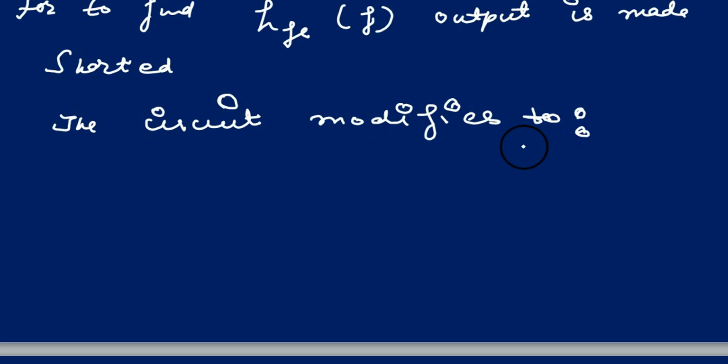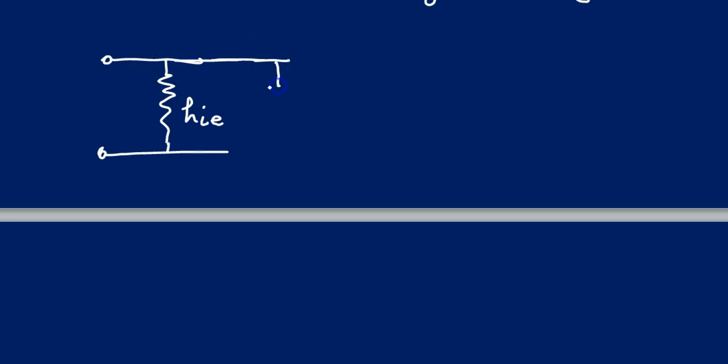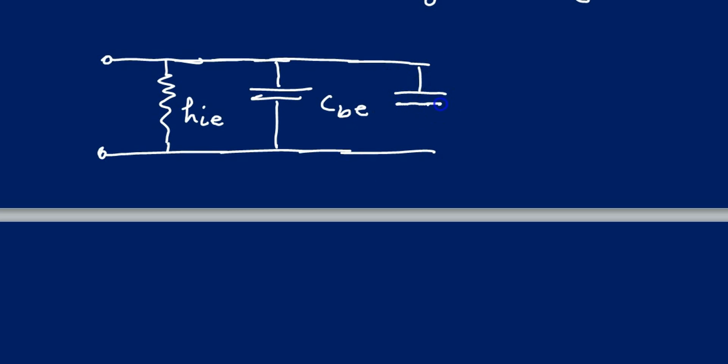Now if RL becomes 0, the circuit modifies to HIE, one capacitor CBE, another capacitor CBC, base collector, IC and IB. Now here you notice CBE and CBC are in parallel. In parallel, the capacitances add up.